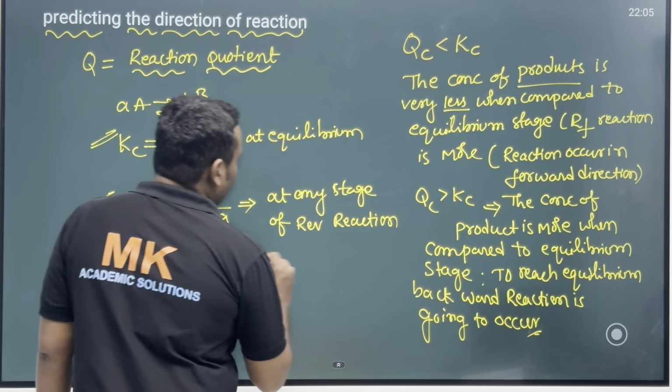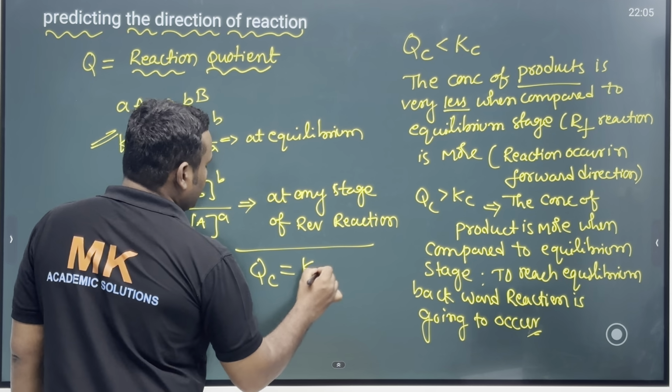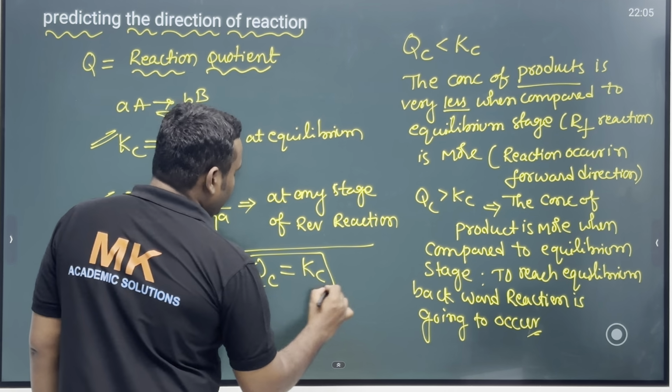And we get one more condition: Qc is equal to Kc means the reaction is at equilibrium.